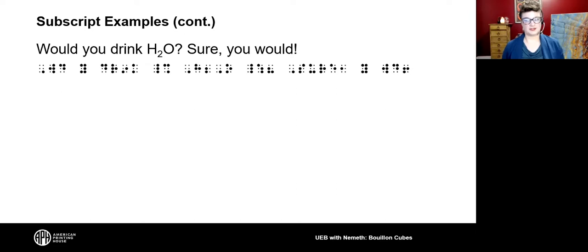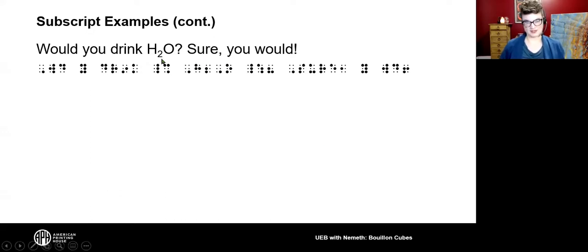Within a greater context, we have the chemical symbol or the chemical formula, H2O. Would you drink H2O? Sure you would. So if we're doing a UEB with Nemeth transcription, the only thing here that's technical or mathematical content is the H2O.